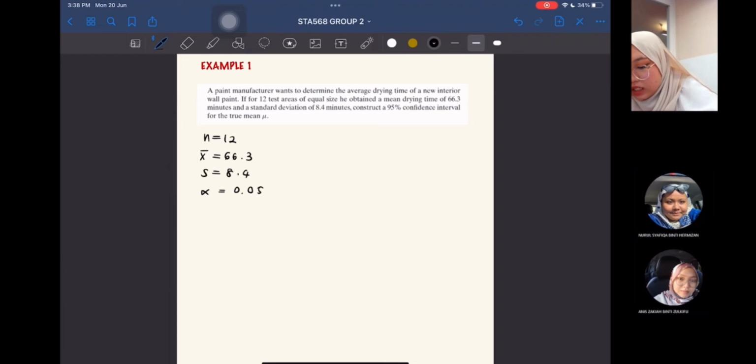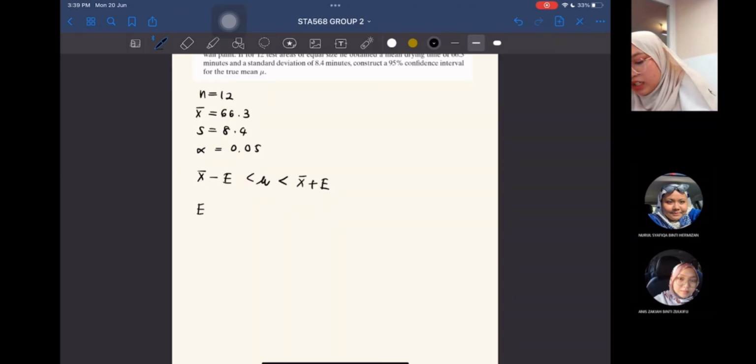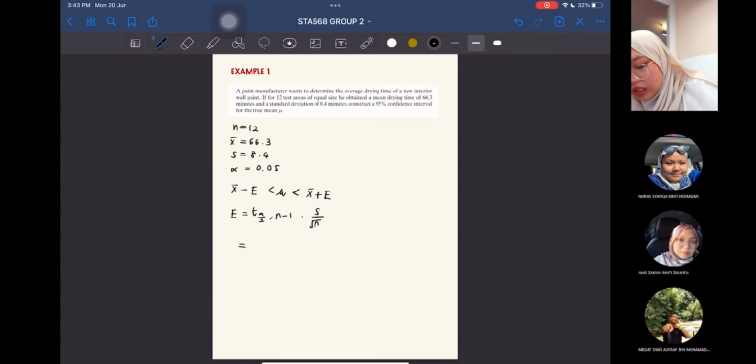The formula is x bar minus E less than mu less than x bar plus E. The E formula is equal to t alpha over 2, comma n minus 1, times S over square root of n. t 0.05 over 2, comma 12 minus 1, S is 8.4 over square root of 12.